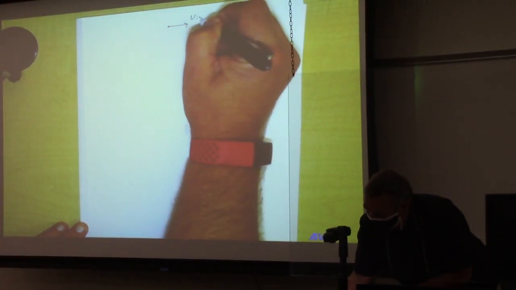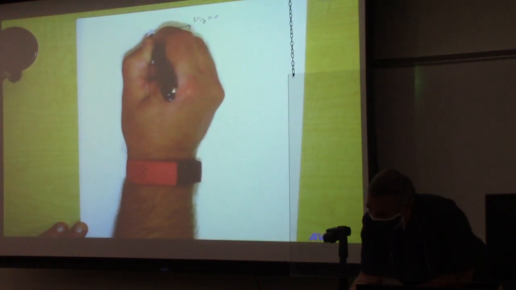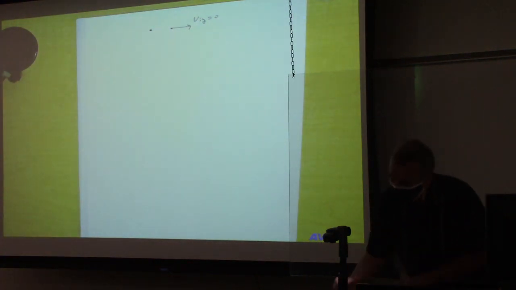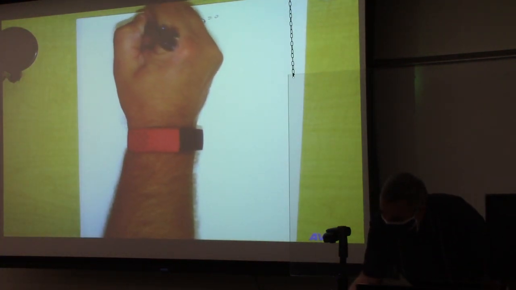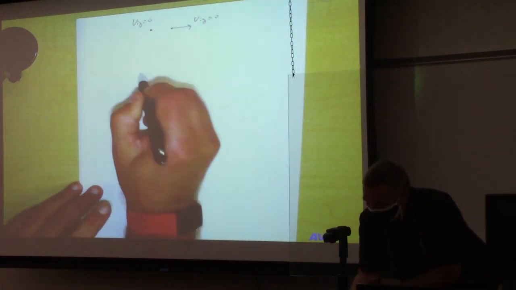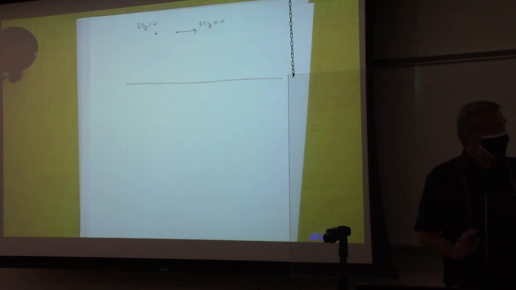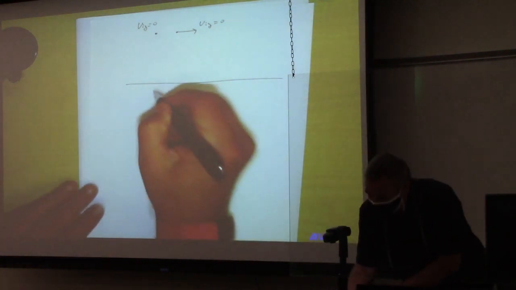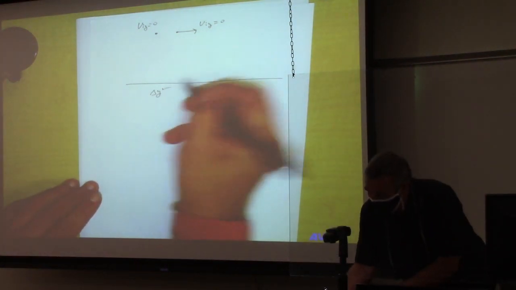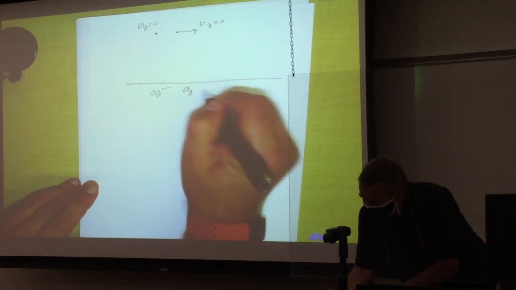So the initial velocity in the y is 0. And then you drop one straight down, so the initial velocity in the y is also 0 for that one. The displacement in the y direction, that's the ground, is the same for each of them. The acceleration in the y is the same, right?